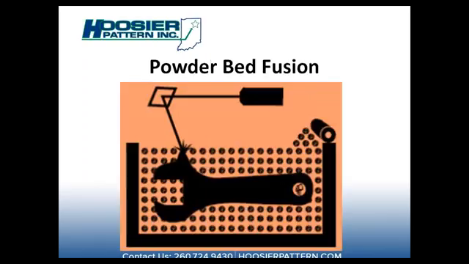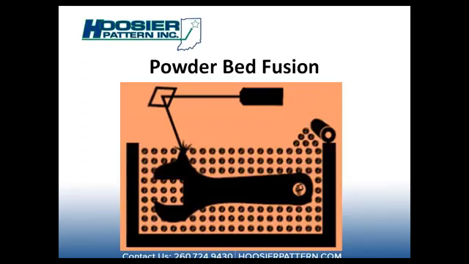Powder bed fusion is our next one. It is where a powdered material is selectively consolidated by melting the powdered material together by a heat source, such as a laser or electron beam. The powder surrounding this consolidated part area acts as a support, so it can make overhanging features, which is very, very cool.